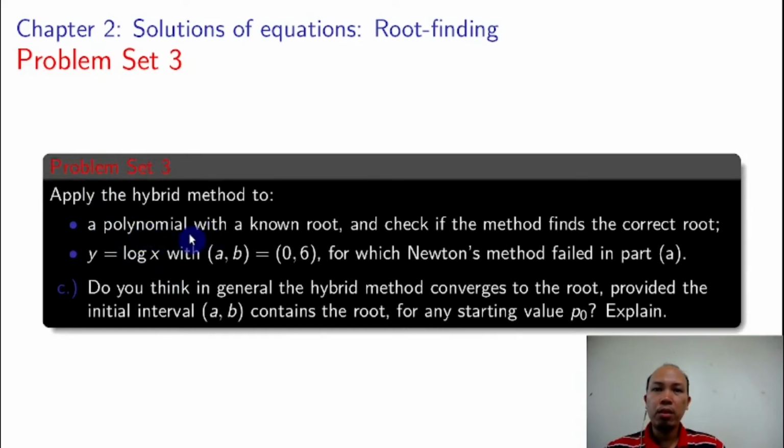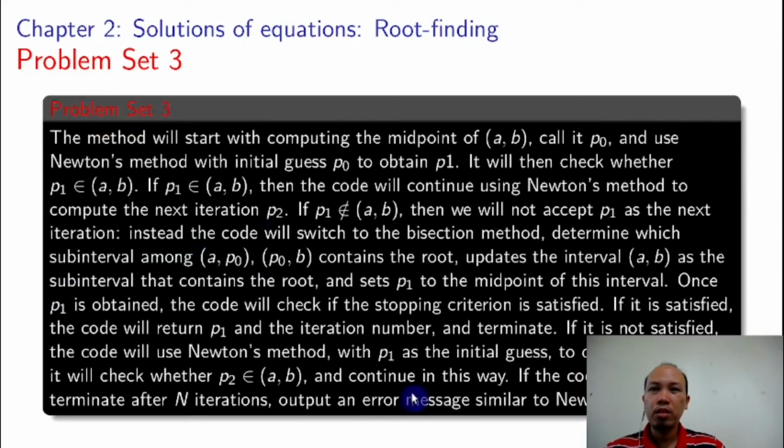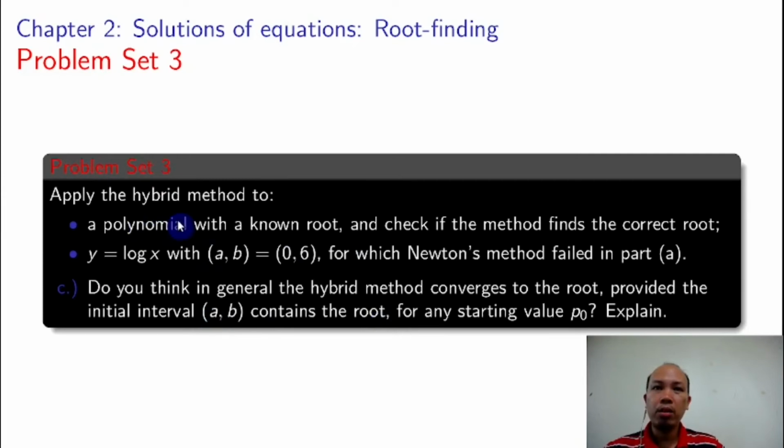So this hybrid method that you code in Python, IDLE, or in Anaconda, apply this hybrid method to a known polynomial. Each of you must have a different polynomial. If there is one among you that has the same polynomial, then automatically you will have a 0 in this problem set.